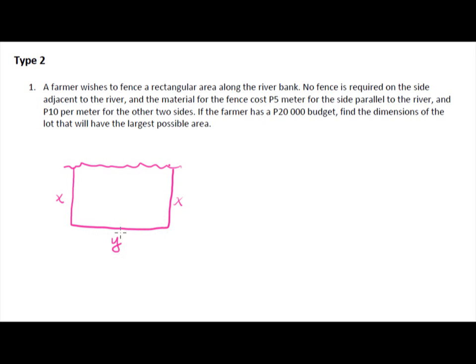So if the length of the side parallel to the river is y, then you are going to spend 5 peso times y for this side alone. And then for the other two sides, they are the same, x and x, you are going to spend 10. So this side and this side together is 2x, but for the 2x you are going to spend 10 per meter. So adding this together will be your total expenses.